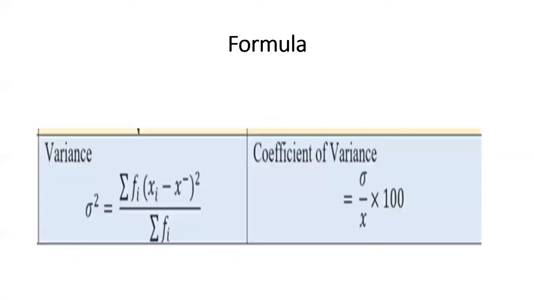So that's all about the variance. Here is the formula: variance sigma square is equal to summation f1 into (x1 minus x bar) whole square divided by summation f1, and the coefficient of variation is sigma divided by x bar, meaning SD divided by mean into 100.